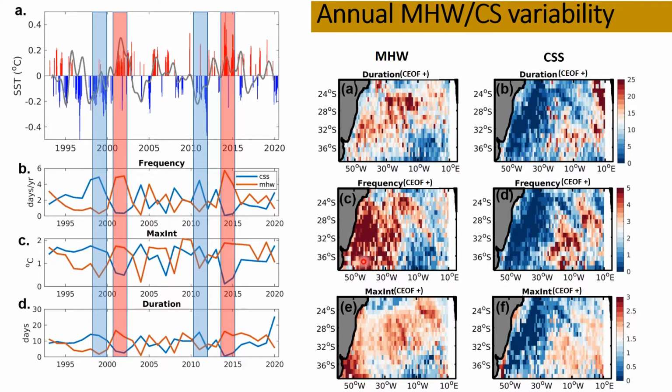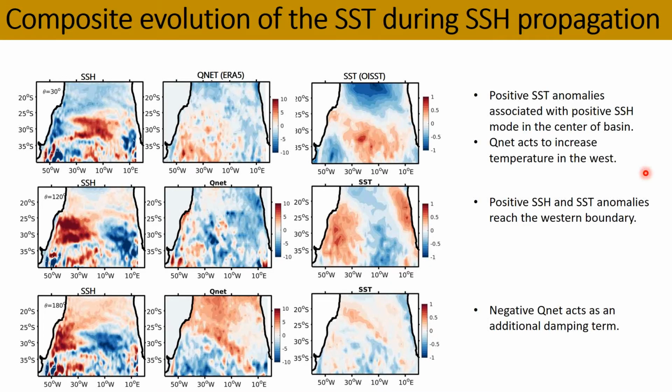For example, when you have increased frequency of heat waves in the western side of the basin, we have a decrease on the eastern side of the basin. So we have really clear this dipole mechanism. And the opposite, of course, occurs for the cold spells. So this seems to be exactly the link between these propagating anomalies from east to west and the metrics of marine heat waves.